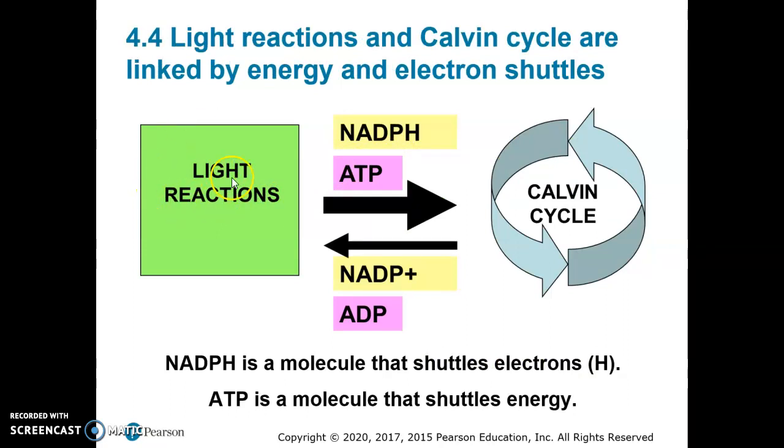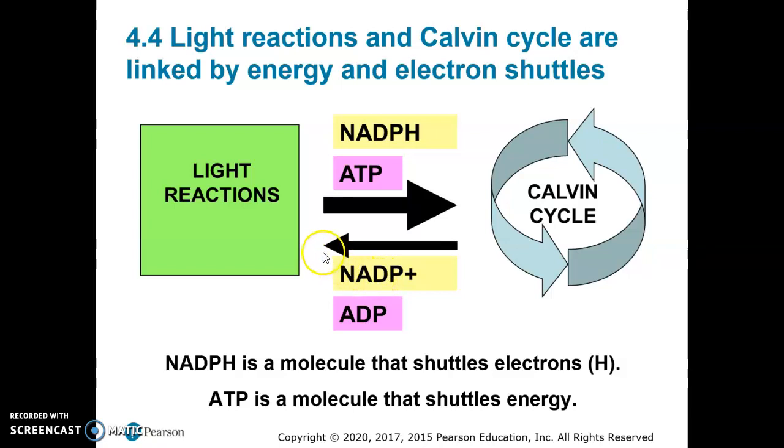And that's how sugar is basically built. So you've got the light reactions. Those are the hydrogens right there. When they come out, they get picked up by this molecule called NADPH. It's NADP, this guy right here. NADP is kind of like a taxi cab.